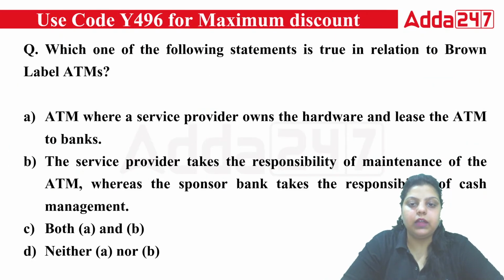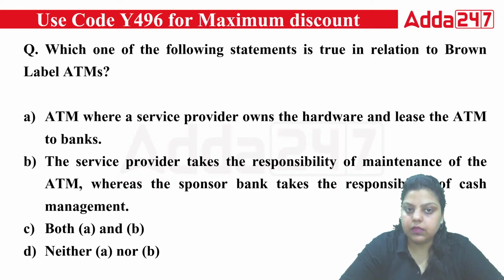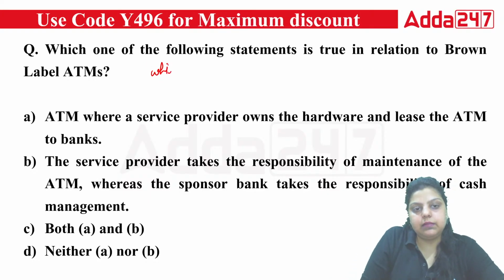Next, which one of the following statements is true in relation to brown label ATMs? So when we talk about types of ATMs, we have multiple types of ATM. What are the different types of ATM we have? We have white label ATM, brown label ATM, pink label ATM, yellow label ATM, orange label ATM.